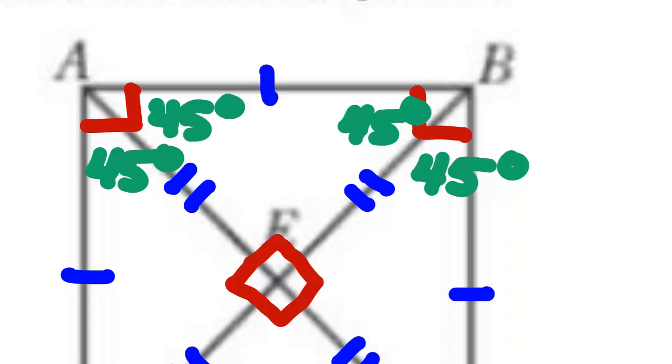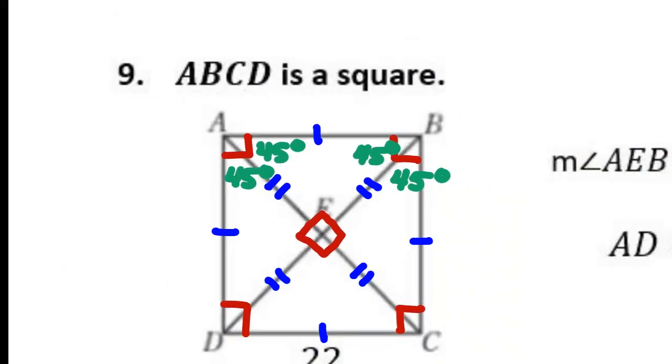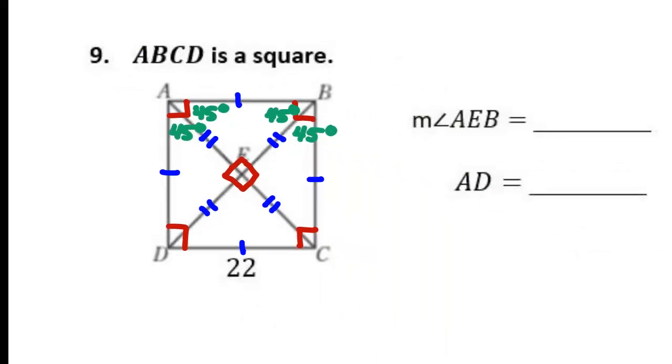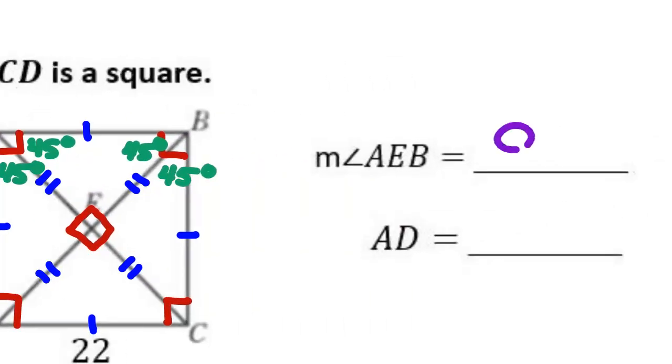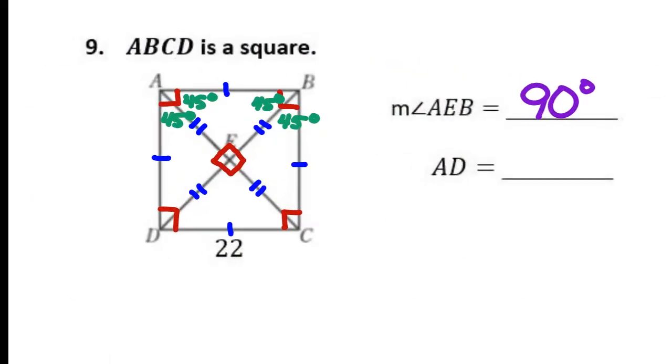I'm not going to draw any more of them in there. That's plenty. I want the measure, for the first question, of angle AEB. How big is that angle right there in the center? 90 degrees. So AEB is 90 degrees. What about angle BAD? This angle here.